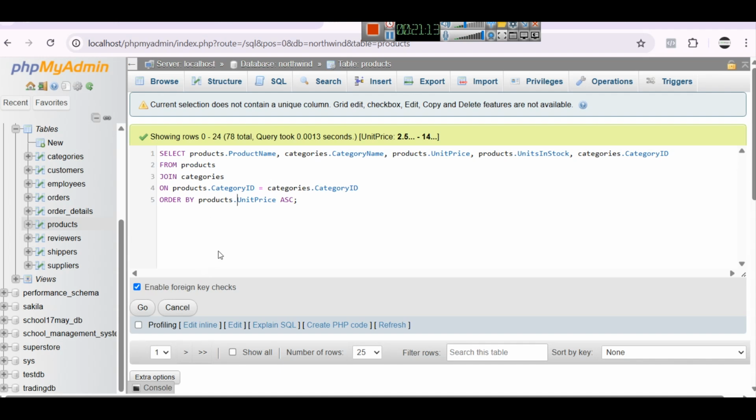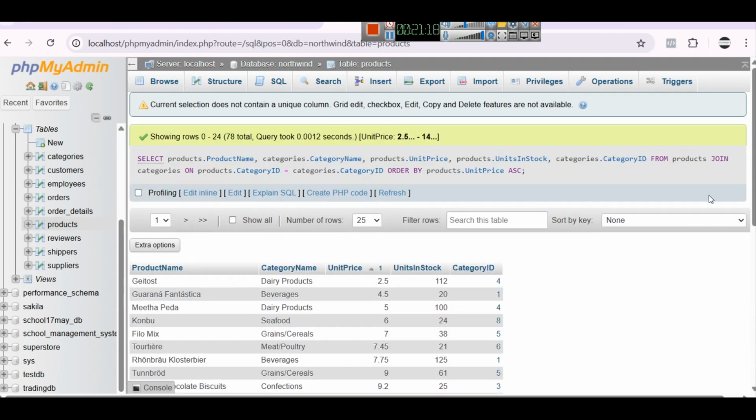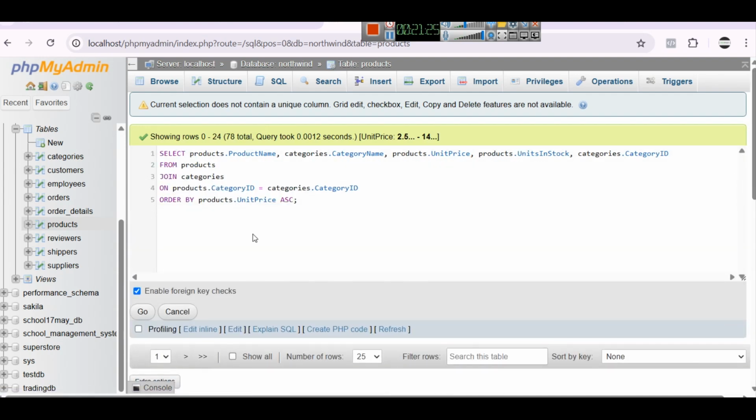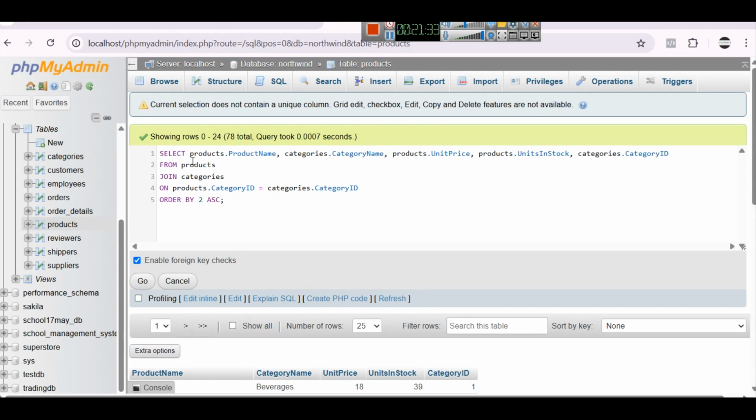Can we give numbers, like order by column 3 ascending? So what you are asking is that in select we have a particular order, a sequence. Product name is at first position, category name is at second position, unit price is third, units in stock fourth, and so on.